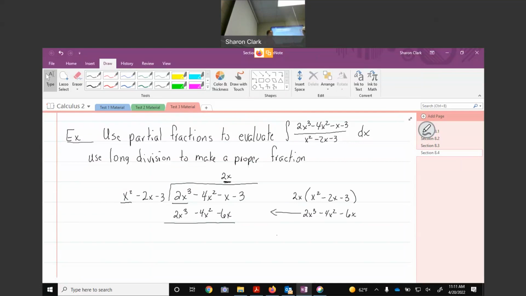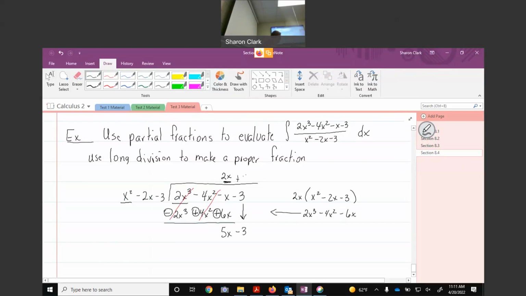And so now we're subtracting, right? When you do long division, you subtract. So when you draw your line, you're going to change your signs, because that's subtraction. That cancels. That cancels. And I get 5x, and I bring down my 3.